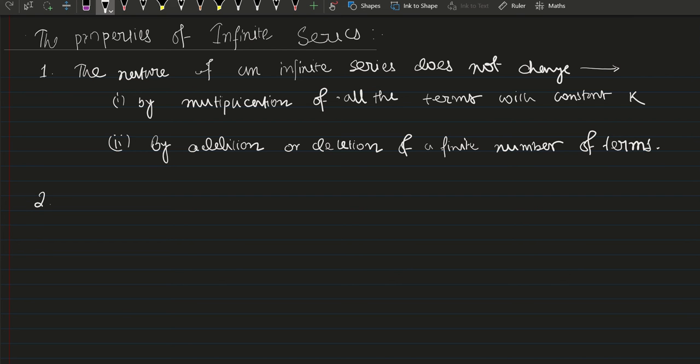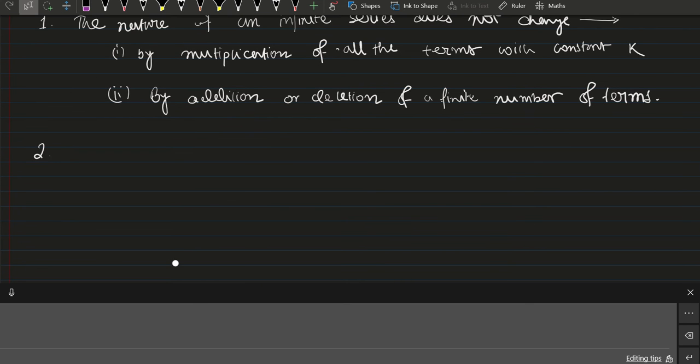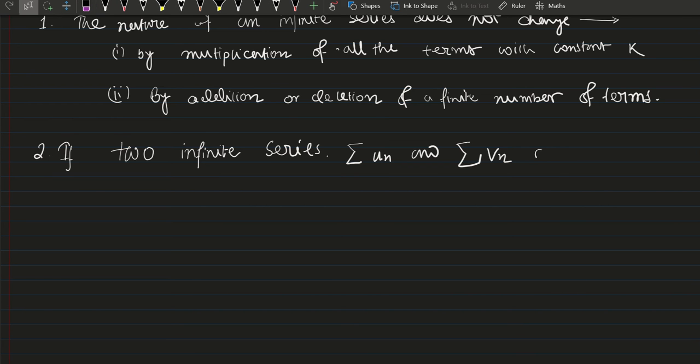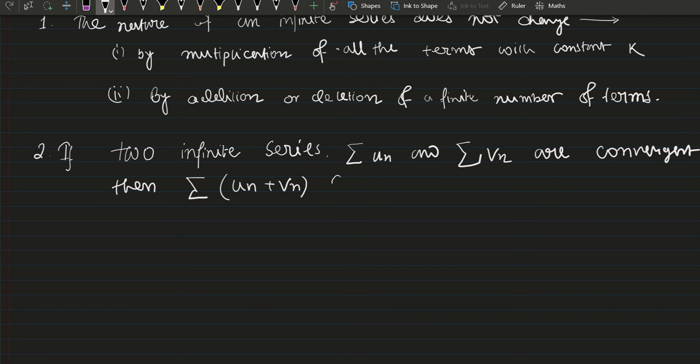And the second property is, if two infinite series, let's say the infinite series are summation un and summation vn, are convergent, then the summation of un plus vn is also convergent.